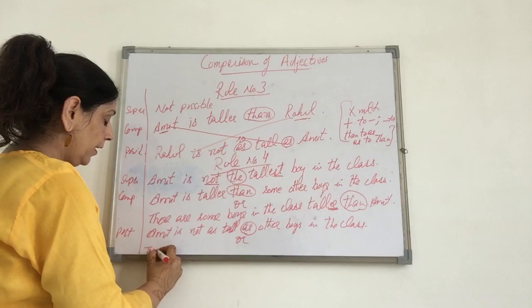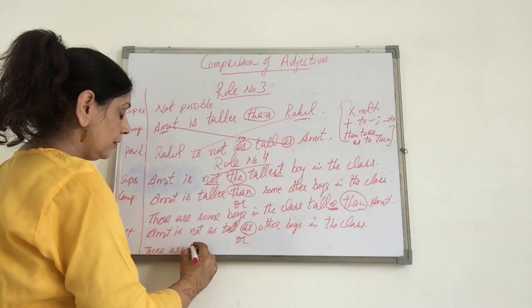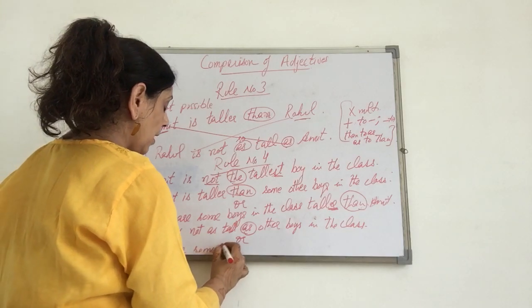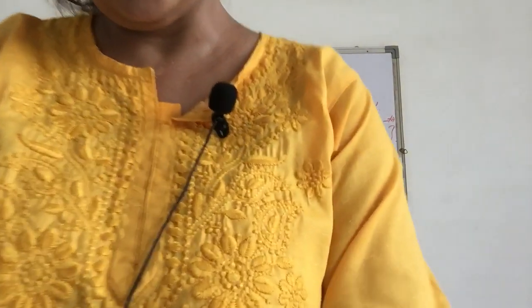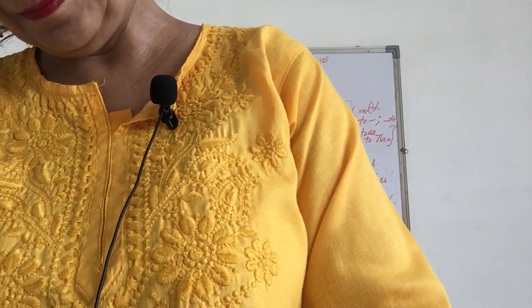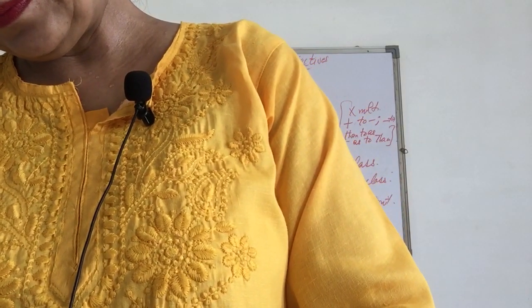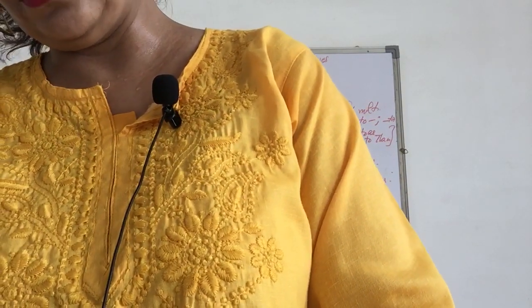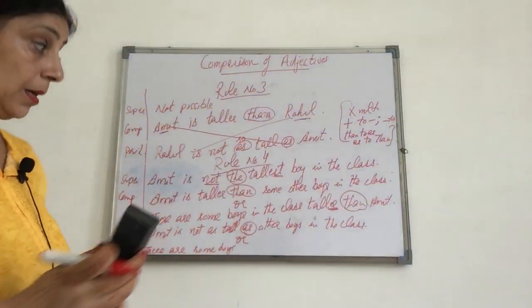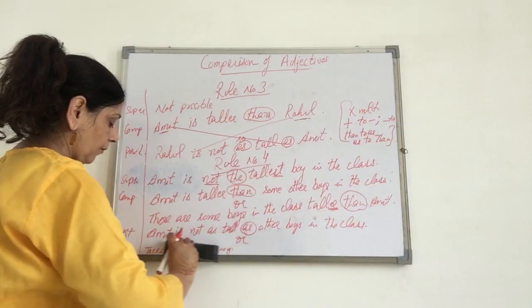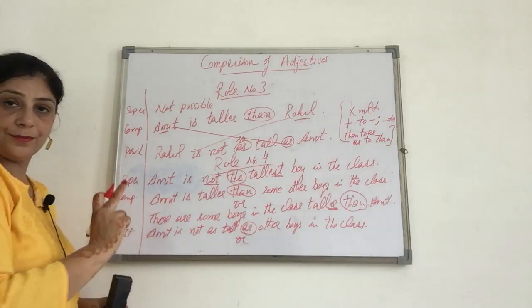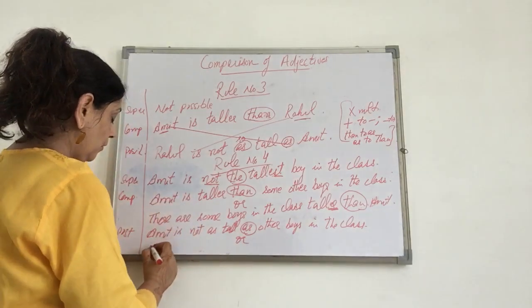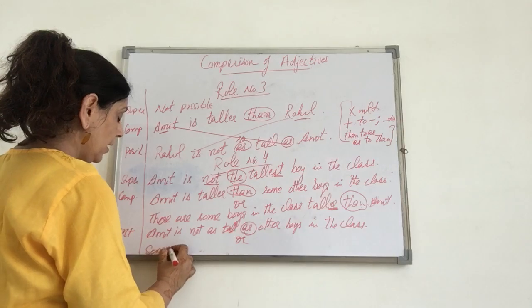The other way, we begin with some, not with there. There is in comparative degree, not in positive degree. What will be the positive degree?